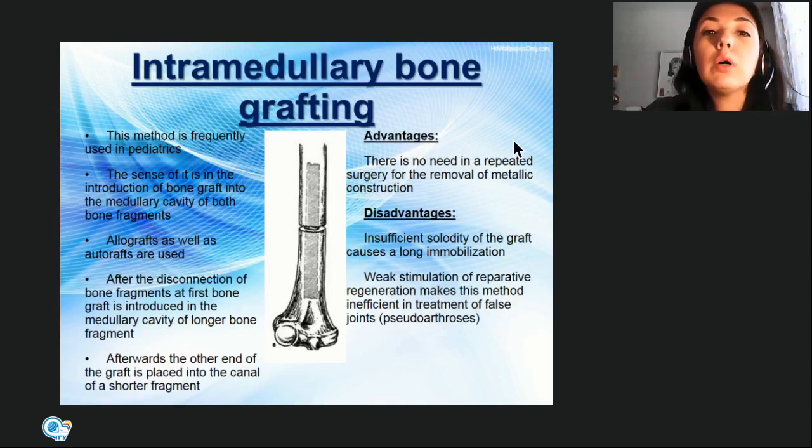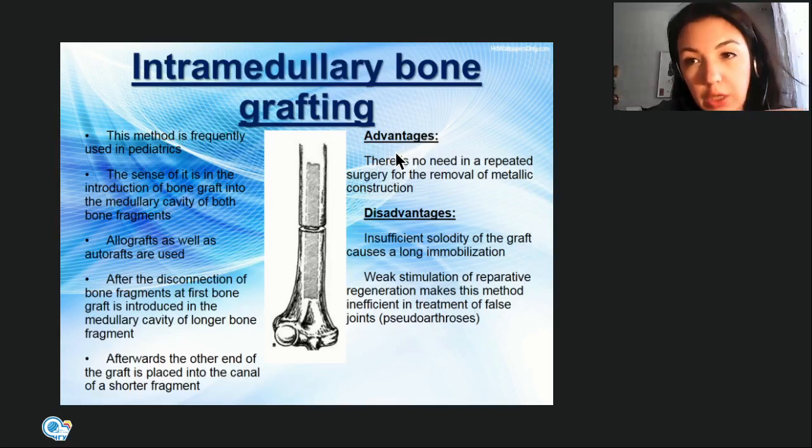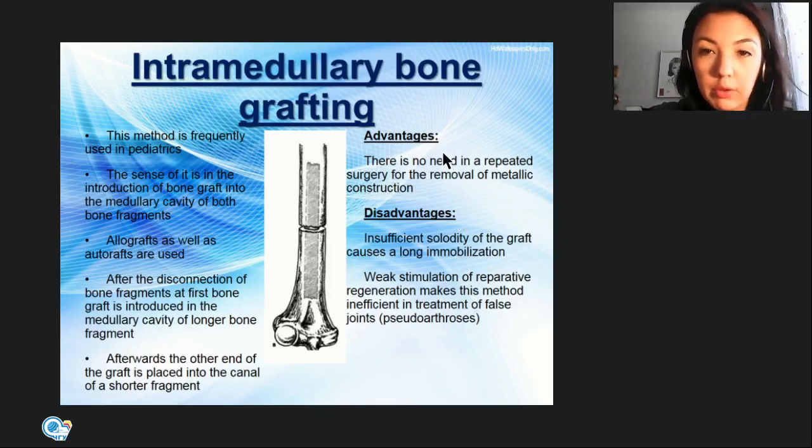The main advantage of such a surgery is that there is no need for a repeated surgery for the removal of metallic construction. I have told you about it before. In case of osteosynthesis, we always need a repeated surgery to remove the device because it is metallic. It is anyway something foreign.